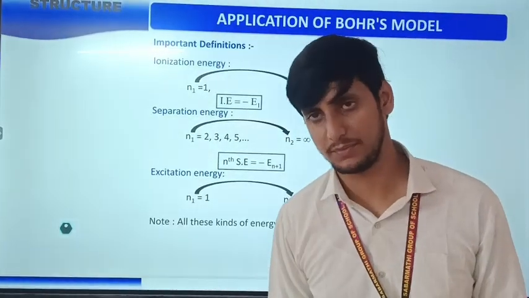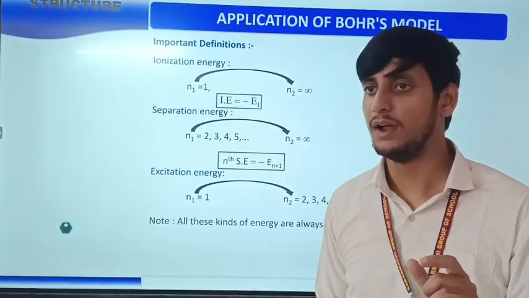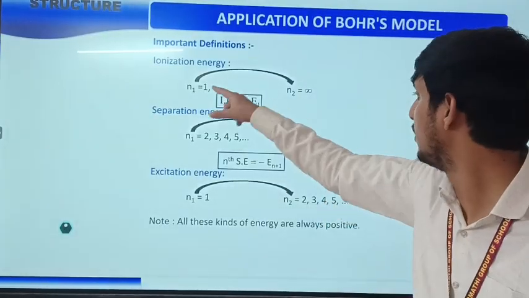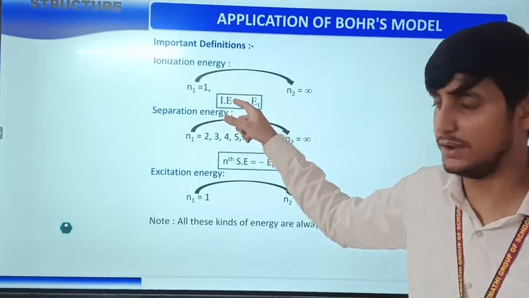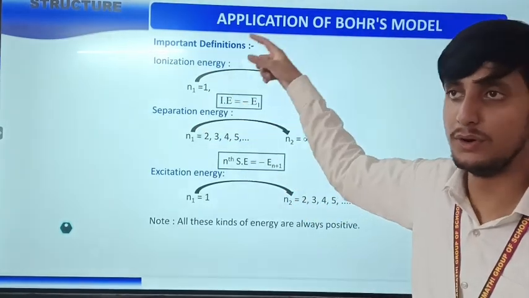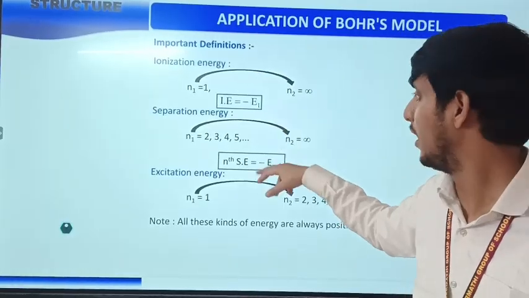First, important definitions. Ionization energy: energy required to remove an electron from the ground state to infinity, that is n1 to n2 equal to infinity.